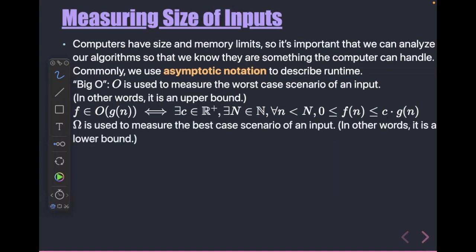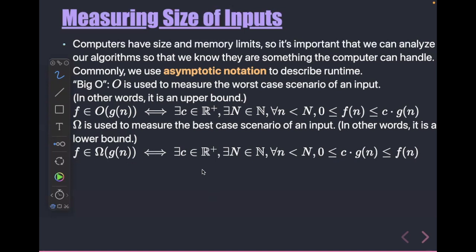You might also see omega, and this is basically the opposite, where it's measuring the best case scenario of an input. In other words, it's the lower bound. It has a very similar definition, where you have a constant and a limited size input. But you'll see here now that f of n is bounded from below by g of n.